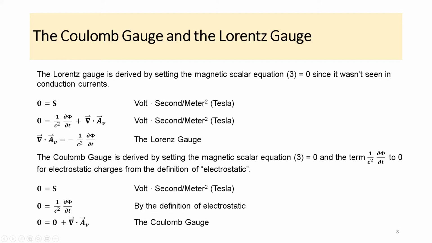Then they can also use the Coulomb gauge to get rid of the rest of these terms by setting the magnetic scalar to zero and the term, the changing potential in time, to zero for electrostatic charges, because by the definition of electrostatic, they're not changing. So between these two gauges, we're able to eliminate the scalar potential. And that's the way electrical engineers have been using it for the last 100 years.